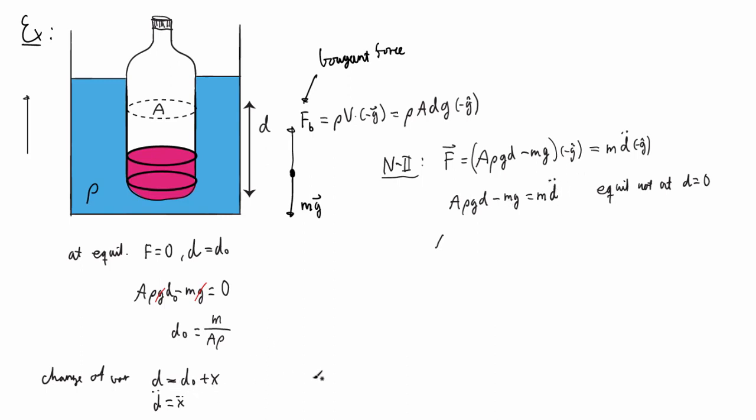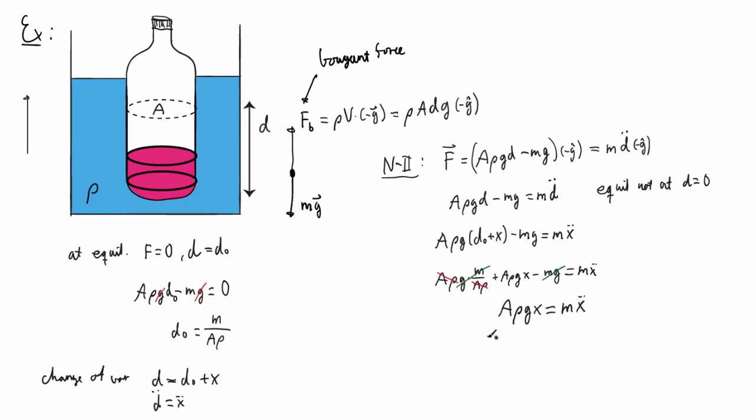On the left hand side, we get mg minus mg. If you want to write it in the standard form, we divide by m.